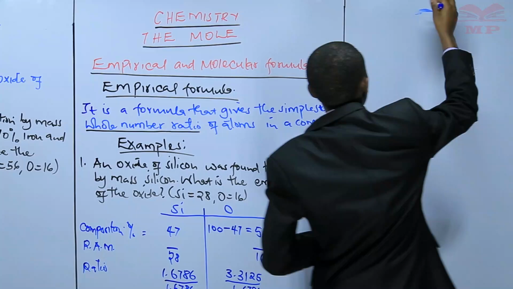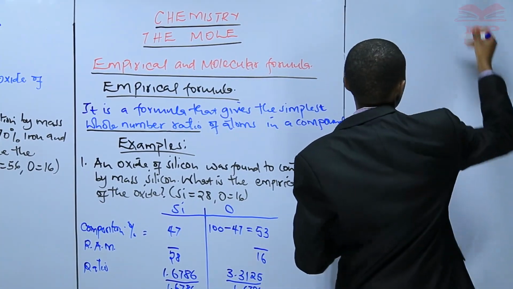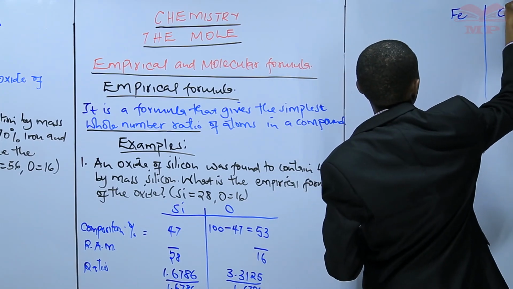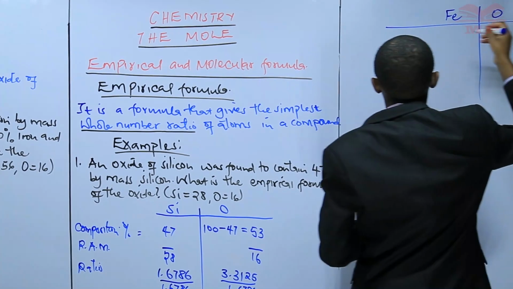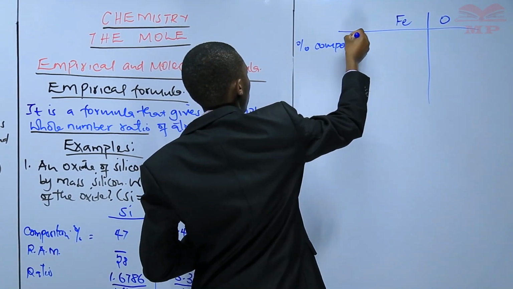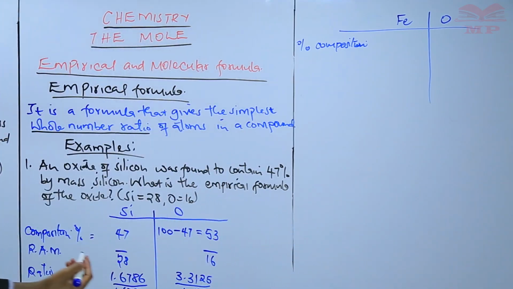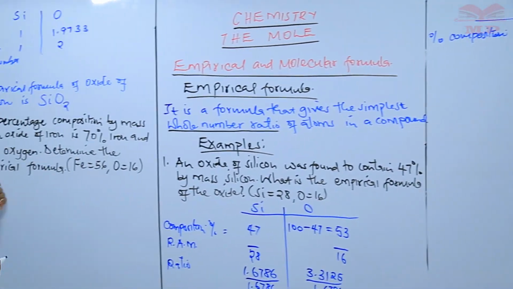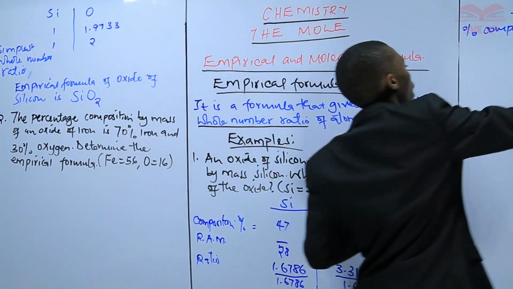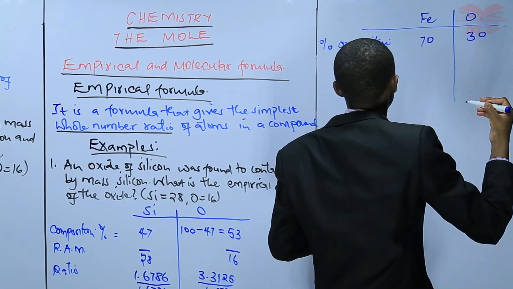So we have the elements combining, iron and oxygen. Percent composition: iron is 70 and oxygen is 30.